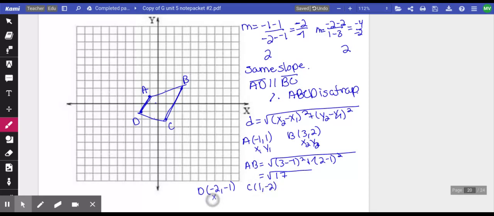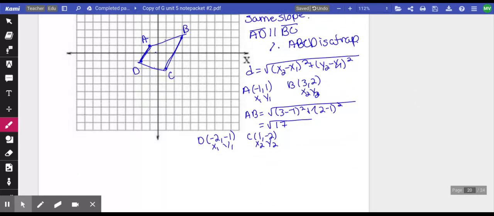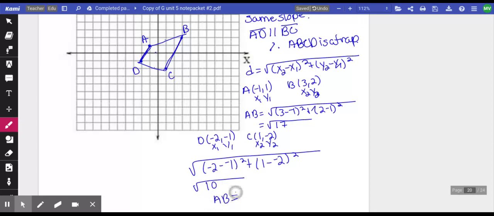So I can make D be x1, y1, C x2, y2, and do the square root of -2 minus -1 squared plus 1 minus -2 squared. And that's the square root of 10. AB is not equal to DC, so it's not isosceles.